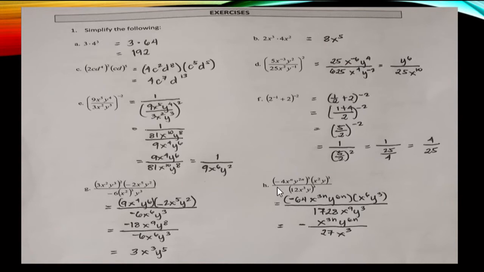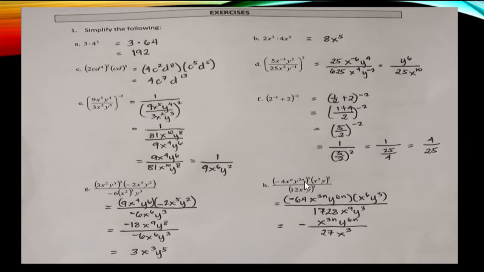Next, negative 4x to the power of n, y to the power of 2n quantity cube times x squared y quantity cube. Okay, we will just distribute again the exponents to each coefficient. So, negative 4 cube, that is negative 64.